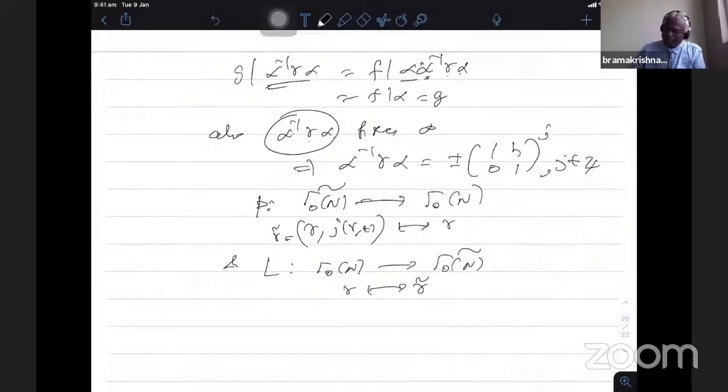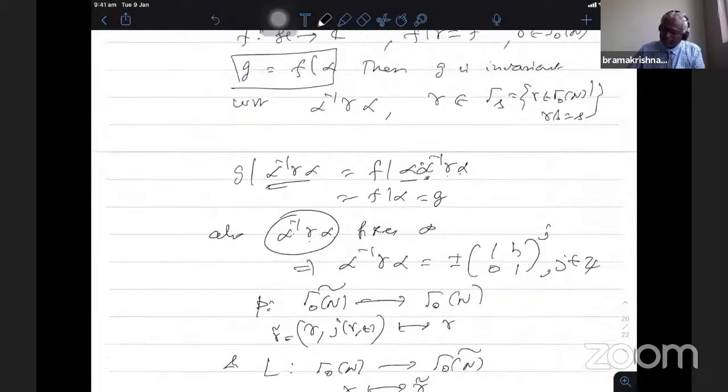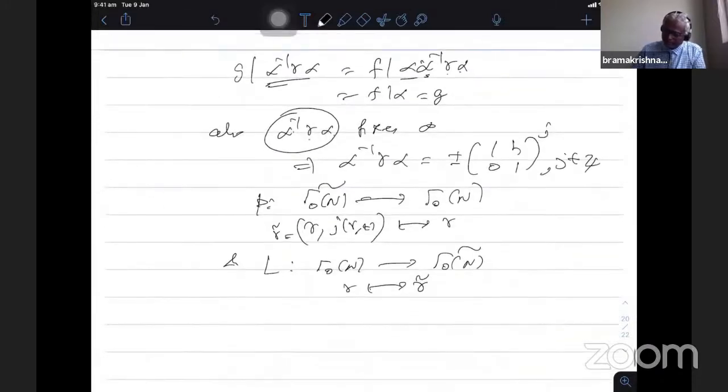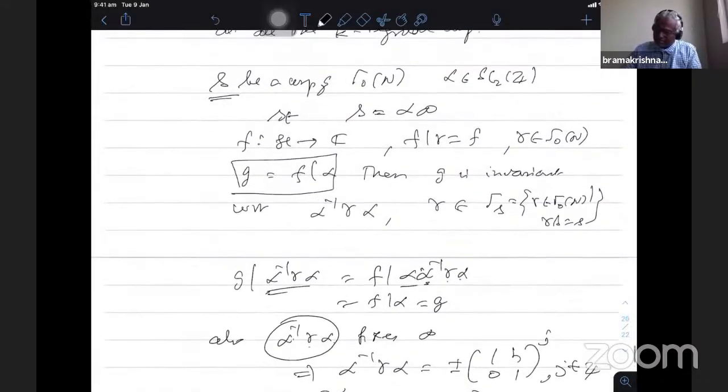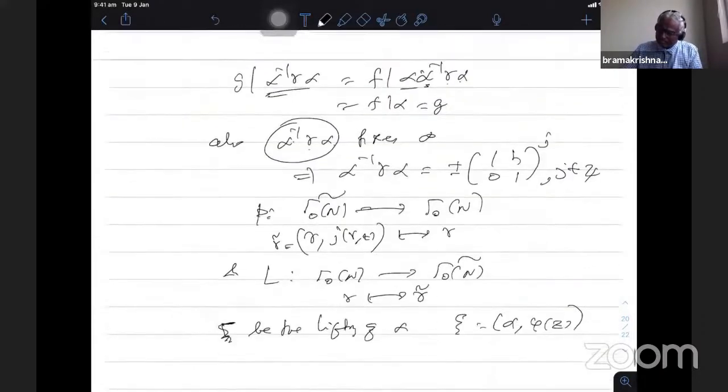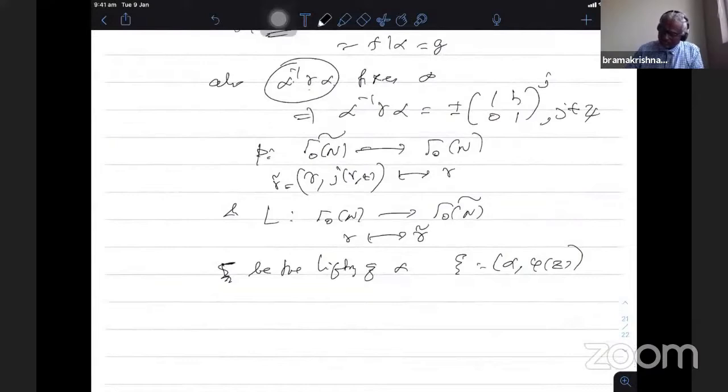So what I do corresponding to alpha, alpha is in SL2Z: consider the lifting of alpha. Let psi be the lifting of alpha, that is psi is equal to alpha phi of z. Then the fixed group gamma s, that also I can lift to this group G. So I have psi and gamma s tilde, these two.